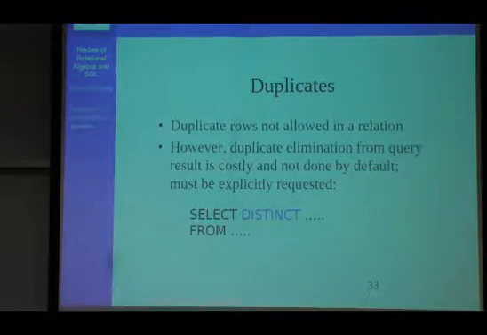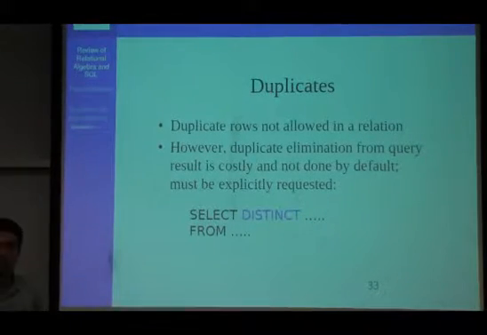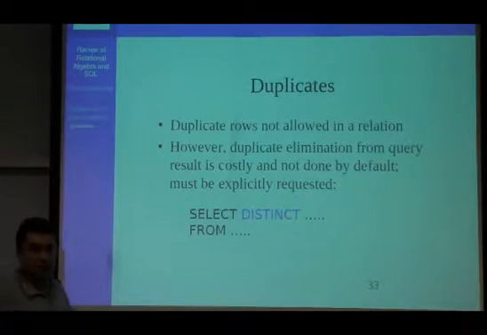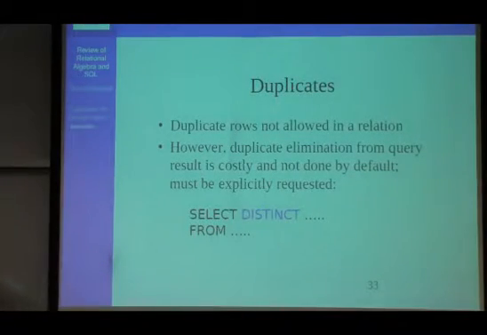You first have to sort it, and the fastest sort algorithm we have is n log n, and then go over it with a linear search. Therefore, if we are interested in removing duplicate rows, we have to put the word distinct here, which eliminates duplicate rows.